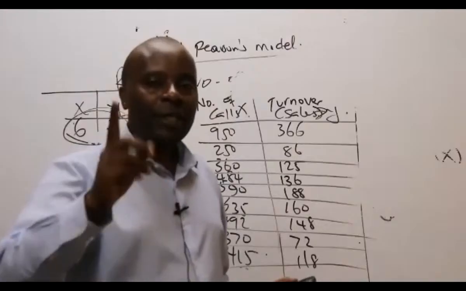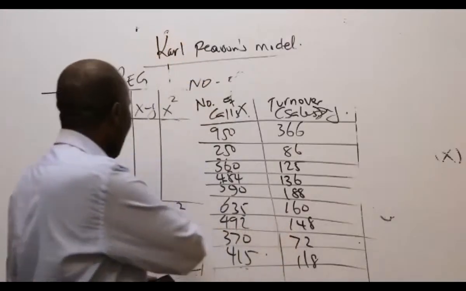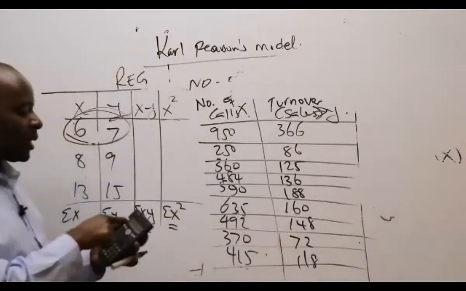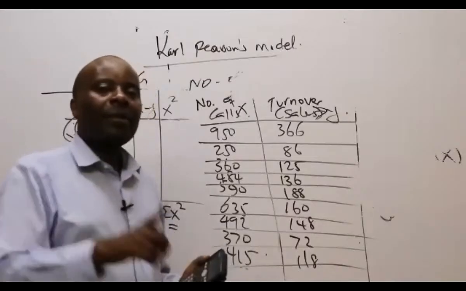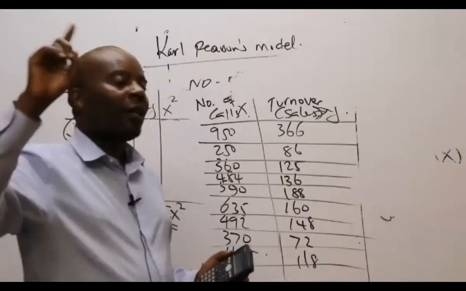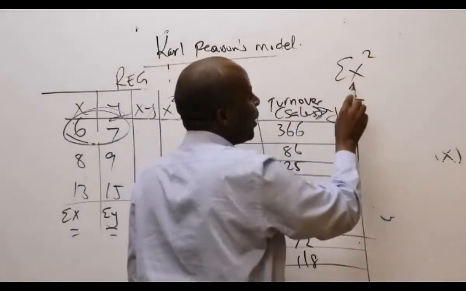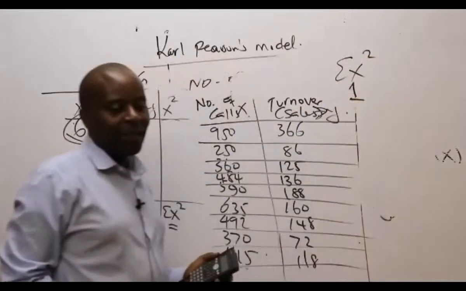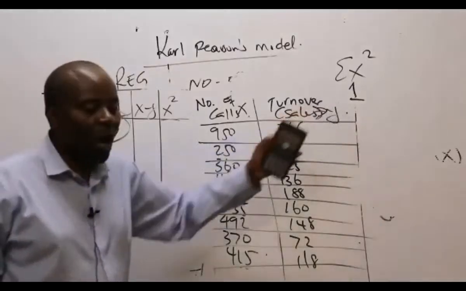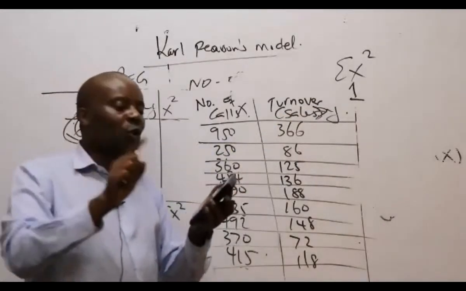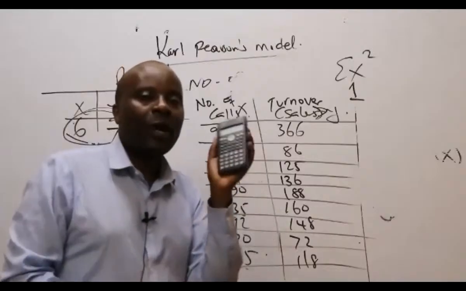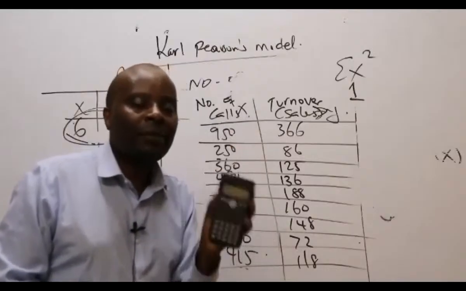So the very first one that I want in this unknown matrix is a summation of x squared. Below sum of x squared, I can see a 1. So what I'm supposed to do is to write 1 there. Once I write 1, you must be careful.